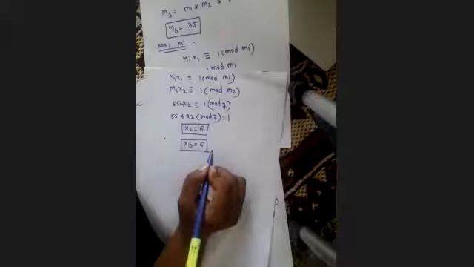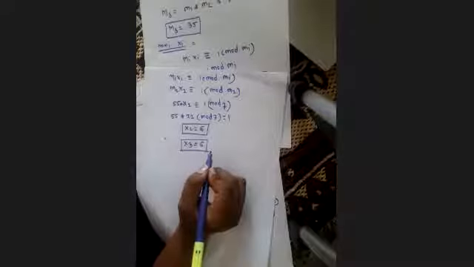You will get x3 also 6. Let me check. Yes, x2 is 6 and x3 is also 6.